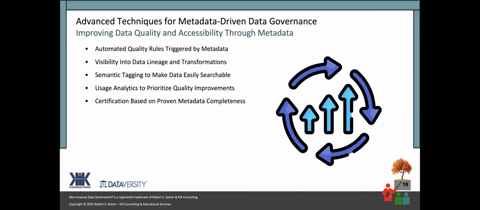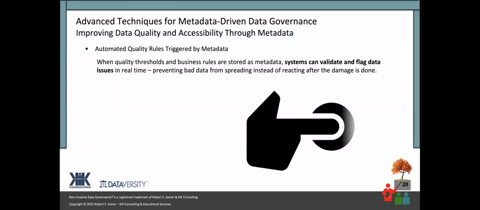All of those types of things are what I would consider to be advanced techniques for becoming metadata driven in the way that you do data governance. So the first one here is automating the quality rules, putting visibility into your lineage, tagging the data, analyzing the usage data for prioritizing your quality improvements, and then certifying the data based on the metadata that you have within your tool. So the first one is automating the quality rules.